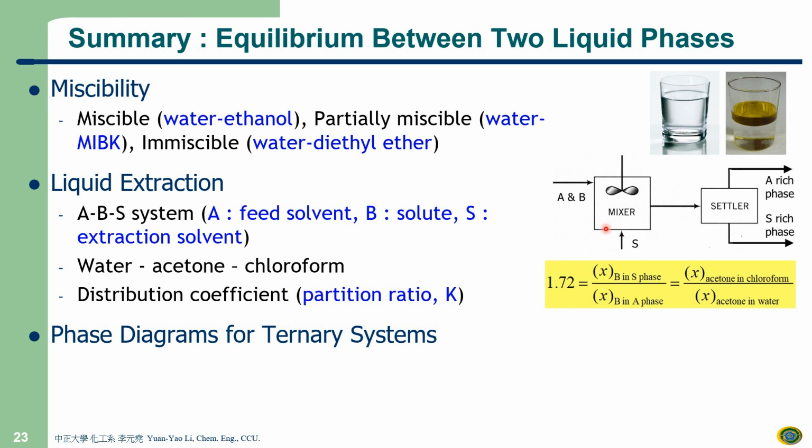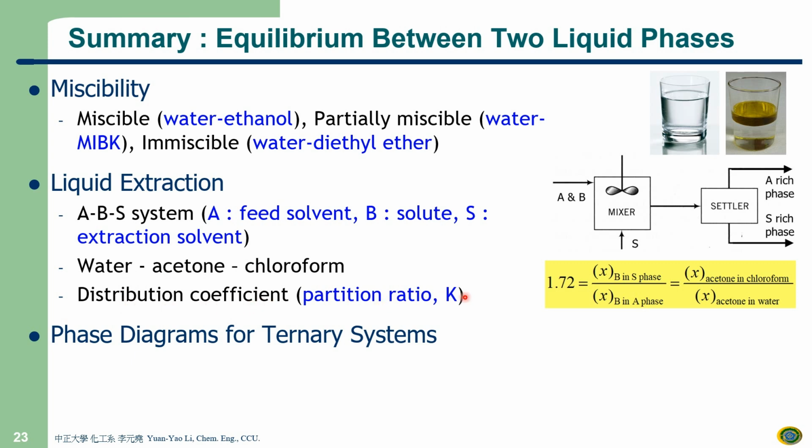What I just told you is qualitative. How about quantitative? Quantitative means you need to know how much acetone is in chloroform and how much acetone is in water. This is what we call the distribution coefficient.